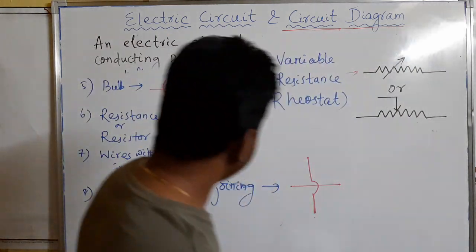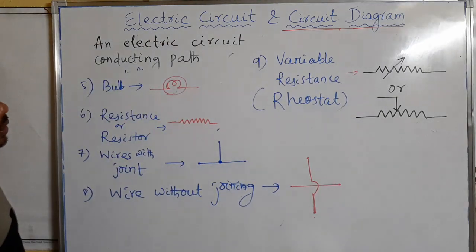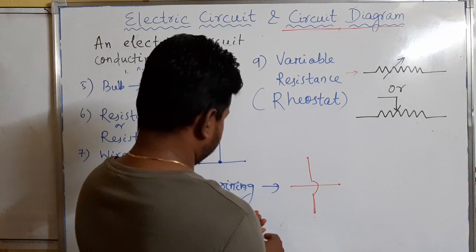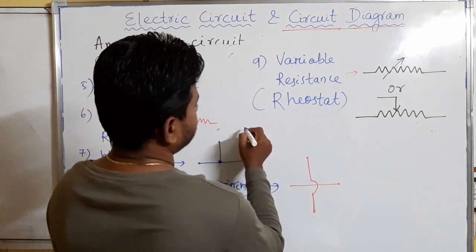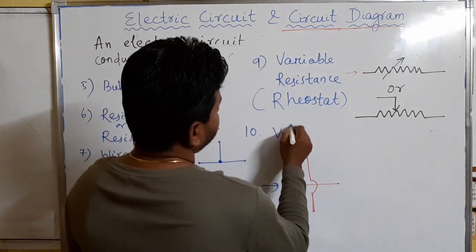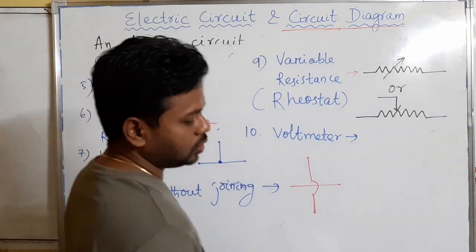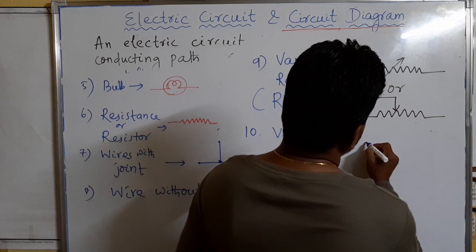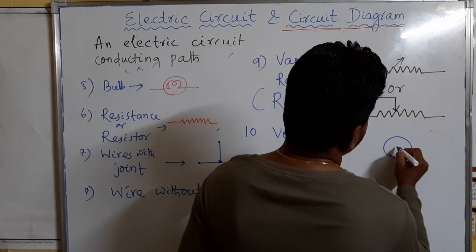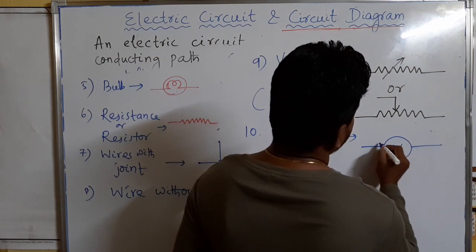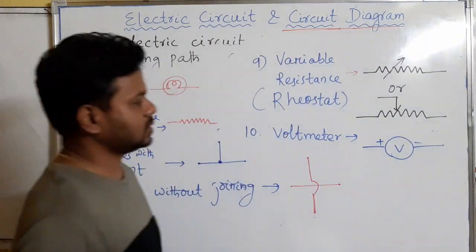Then number 10, voltmeter. Voltmeter can be made like this. V is written here and plus and minus terminal is there.